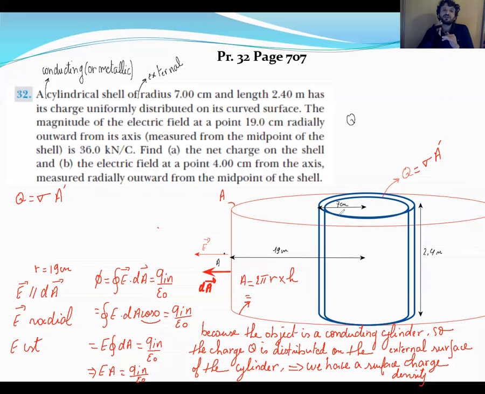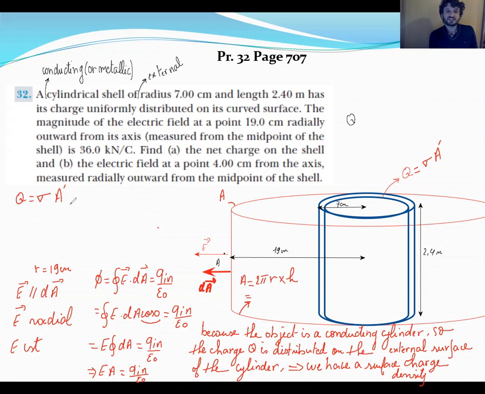If you have a non-conducting material, where the charge is uniformly distributed inside, it's not a metallic material, you have to say Q equals rho times V, because you have a volume charge density. But in our case, we have a conducting material.